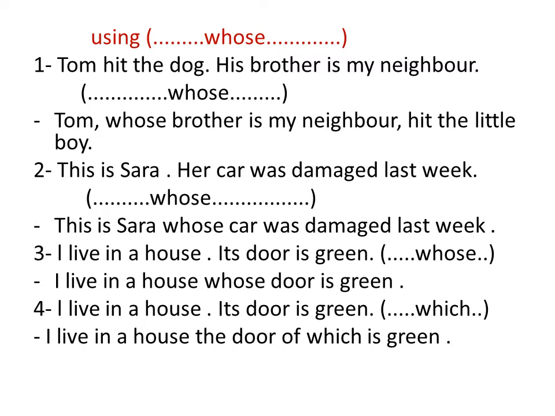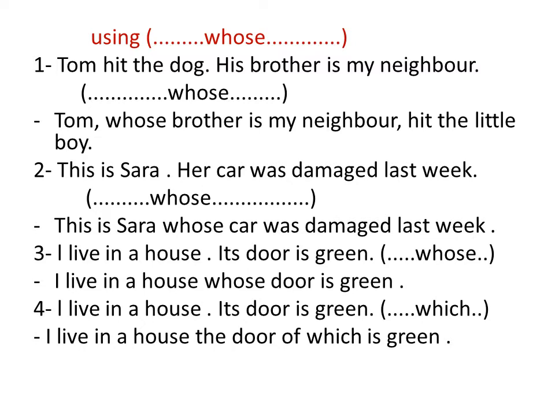So let's consider example number four, and it's a very important example, so please take care of it. Let's read it. I live in a house, its door is green, and he asks us to use which. Here in the second sentence, the possessive adjective its refers to the house in the first sentence. So we will omit it and we will use a strange expression, but please take care of it well.